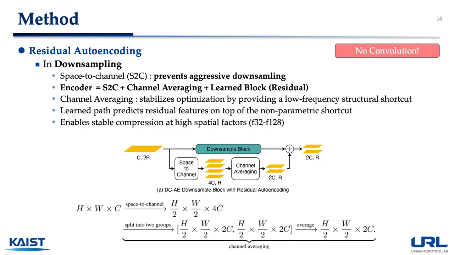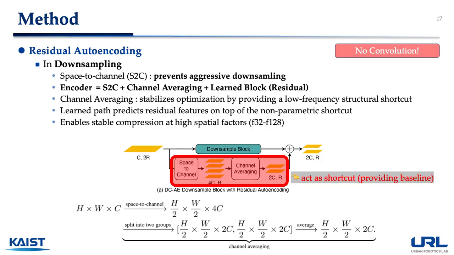And after S2C, channel averaging is applied, which produces a smooth, low-frequency baseline representation. This baseline acts as a stable scaffold for the encoder. Then, on the residual path, the learned downsample block focuses only on predicting the missing details on top of the shortcut. Because the baseline is already provided by S2C and averaging, the learned path only needs to model residuals rather than the full compression mapping.